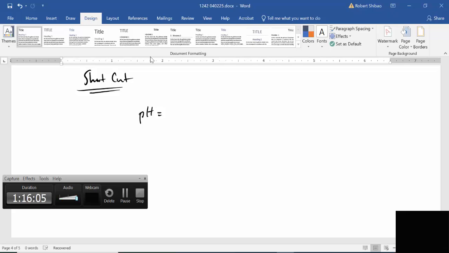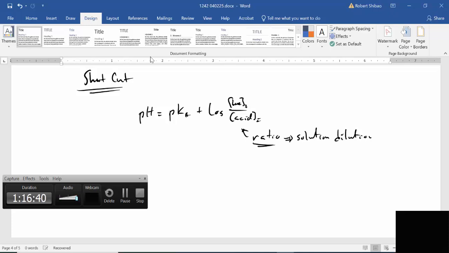One of the properties of a buffer is a buffer only depends on the ratio. If we only have the ratio and the acid and the base are in the same container, then solution dilution does not change the ratio.